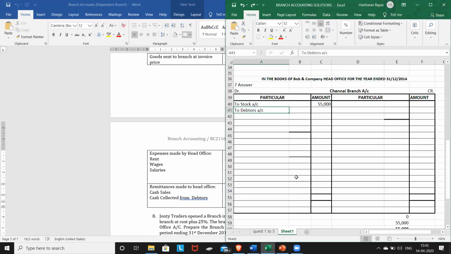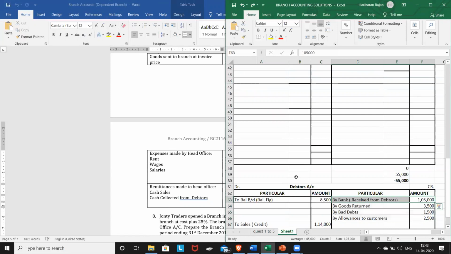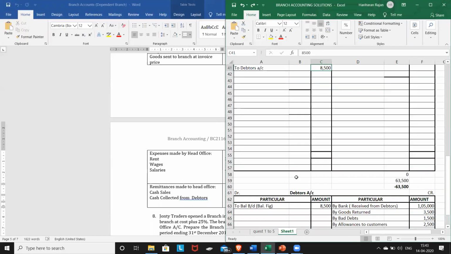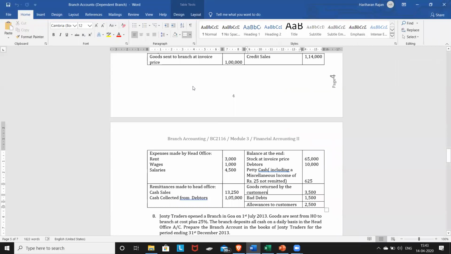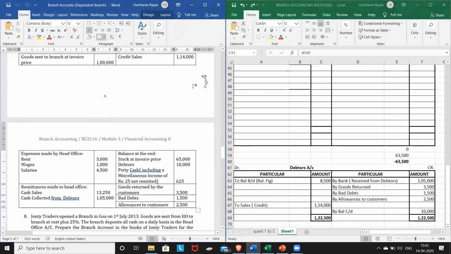So let's enter all this information. I have entered 1,05,000 as cash received.